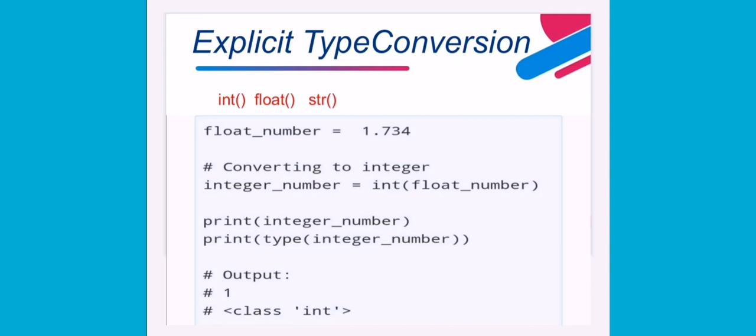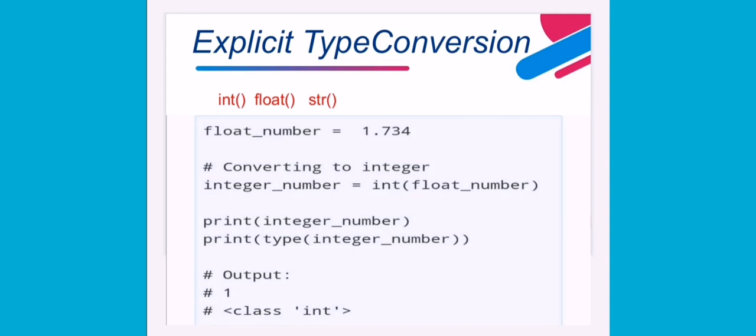For example, in this picture we can see the variable float number holds the value 1.734, which is called a floating point value. Now we are going to convert it to integer. So here I am using integer number as a variable, and then I am using the int function.